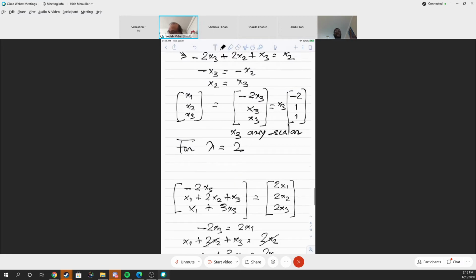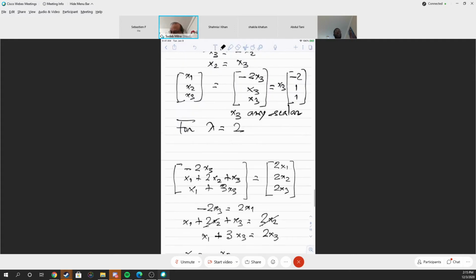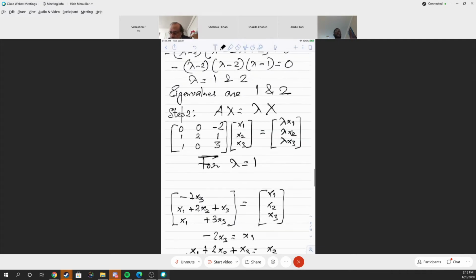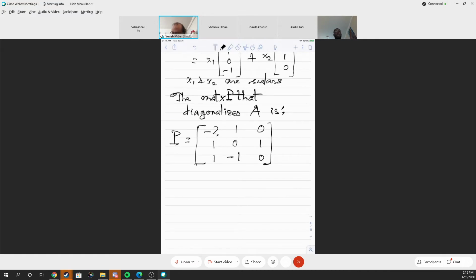This is minus 2, 1, 1. Don't change the order. This is 1, 0, minus 1, 0, 1, 0. That is step 2. So step 3: here you have to find P inverse AP.